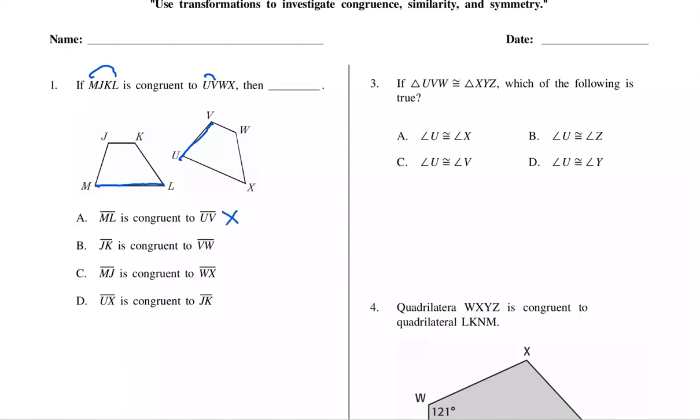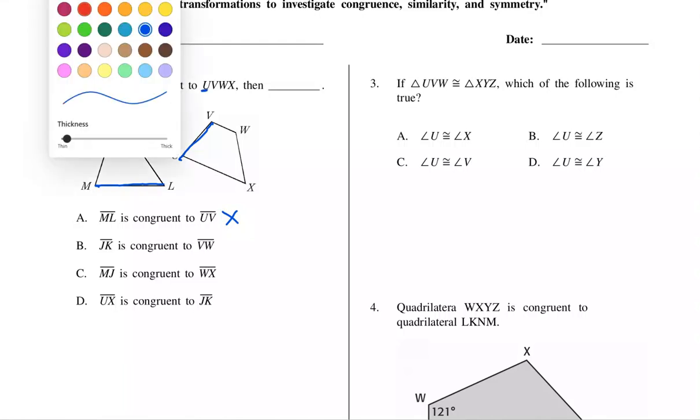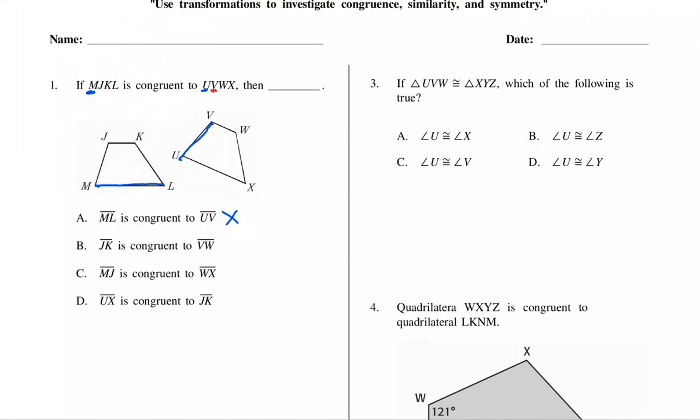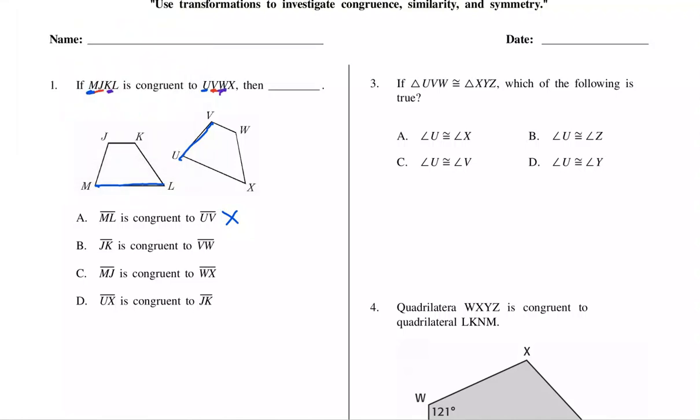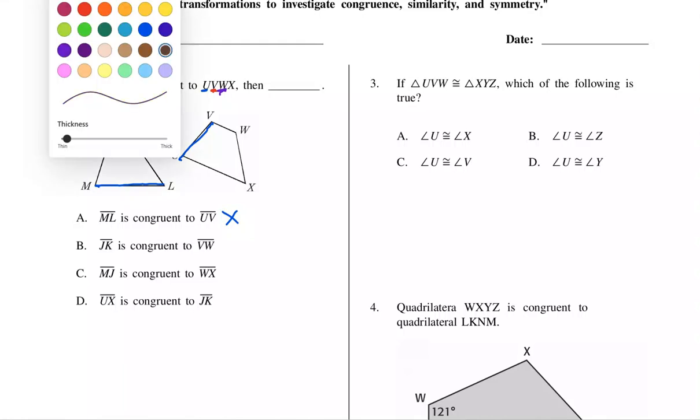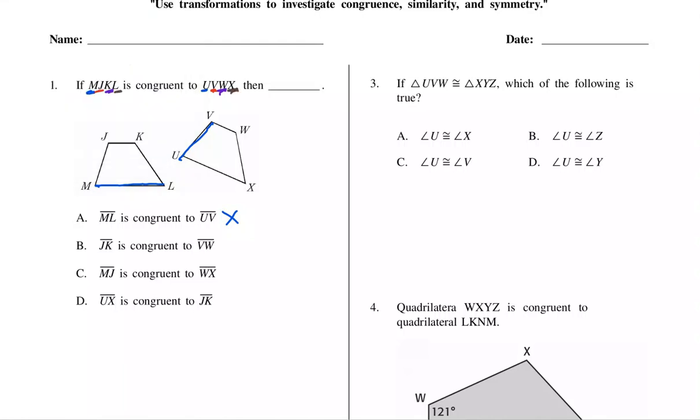That does not work because these are going to be in congruent order, meaning that my M is going to go with my U, my V will go with my J, my W will go with my K, and X will go with L.